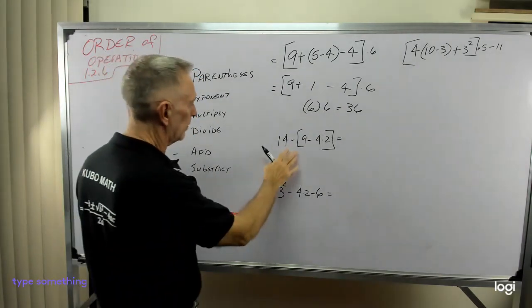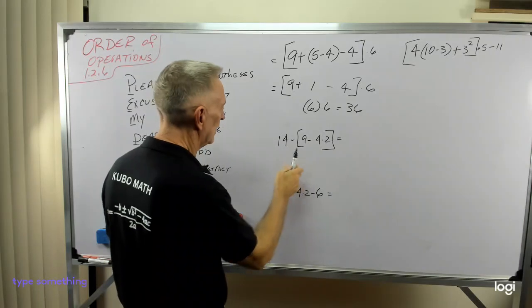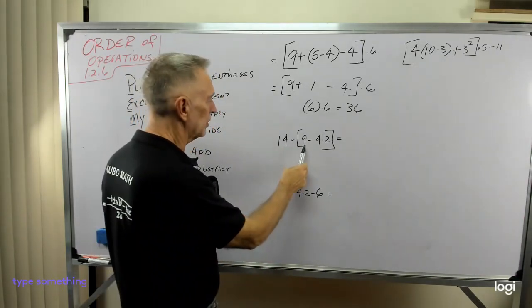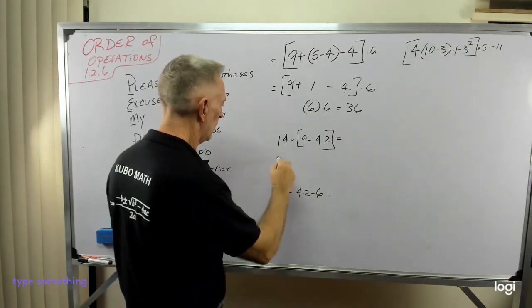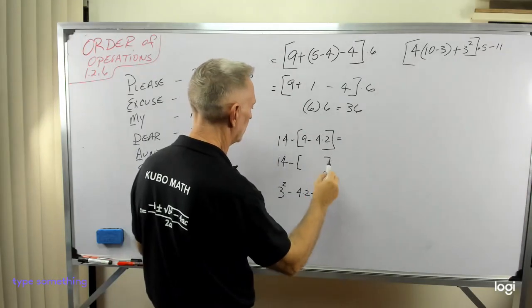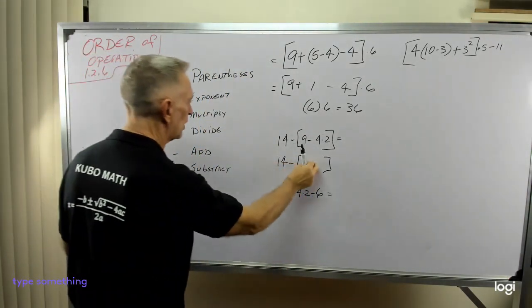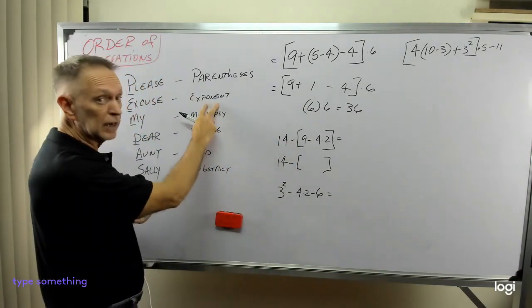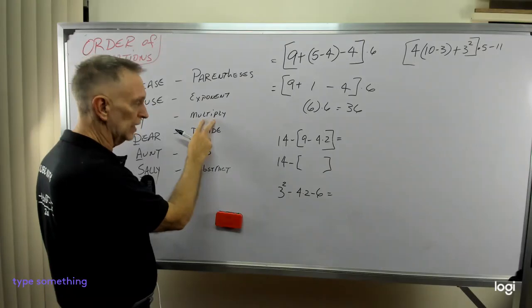But what about this problem? Very similar it appears to be. Now though, inside my parentheses, I have a subtraction and a multiplication. So I'm working from the inside out. Do I have an exponent? No, I do not. Do I have a multiplication? Yes, I do.